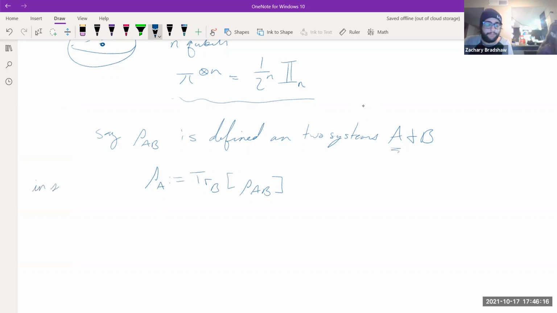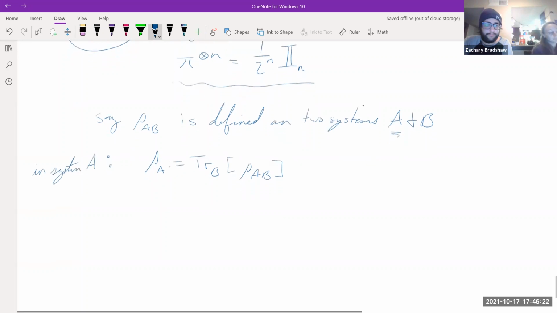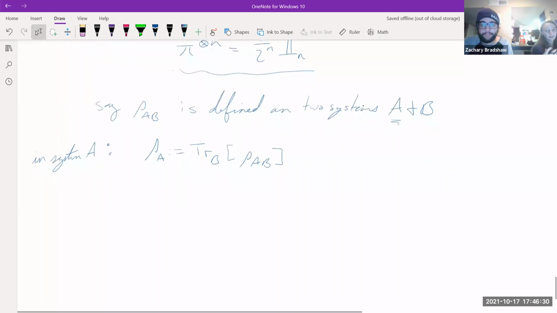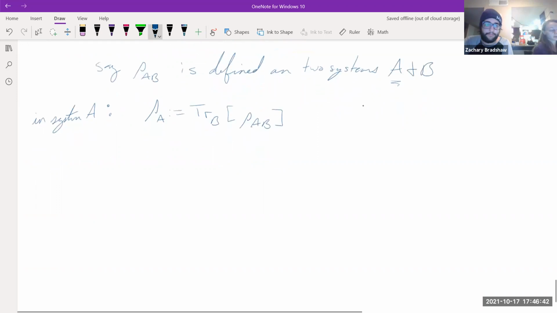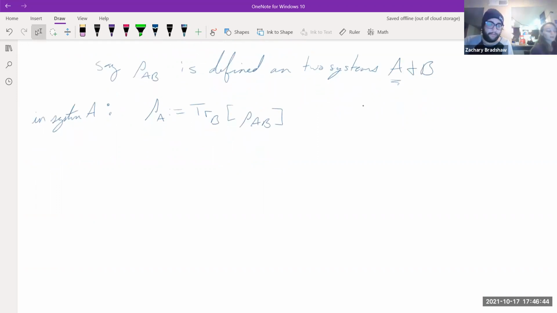In system A, this is your state, rho A. If you're only Alice and you don't have access to Bob and any of his qubits, his information, then you can't fully describe the state of the system. And this is the mathematical description of how you do that. So essentially you take a trace over just Bob's system, and you say we've traced it out and it's no longer available to us. What does that look like?